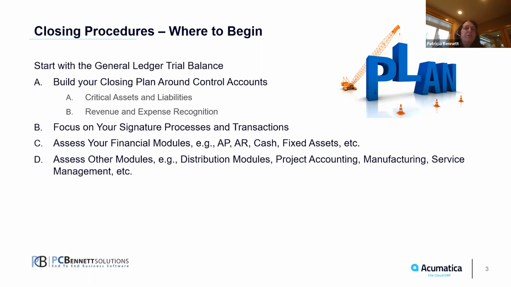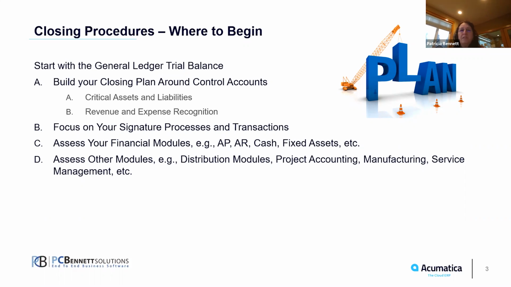So what we're trying to do here is create a plan that we execute at the end of every month that allows us in some way to, I'm going to call it audit the balances mostly on your balance sheet. In most cases, if your balance sheet is correct, your P&L is probably correct.